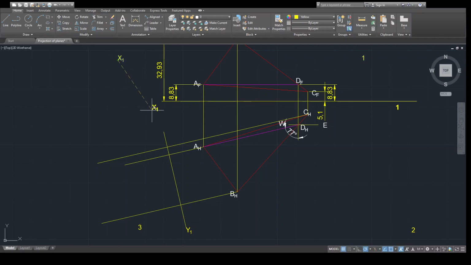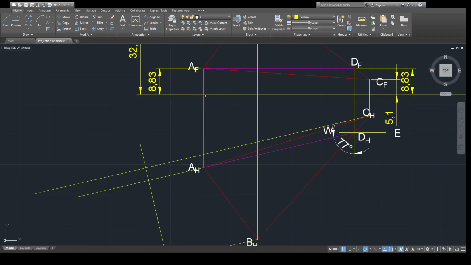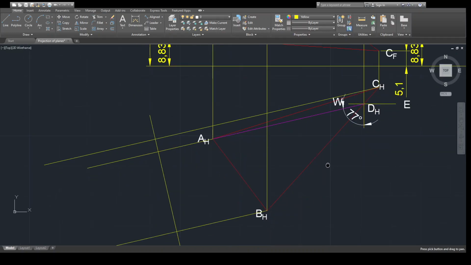Take the compass, put the center at this particular point and measure the distance. Same, you transfer it over the projection from point A.